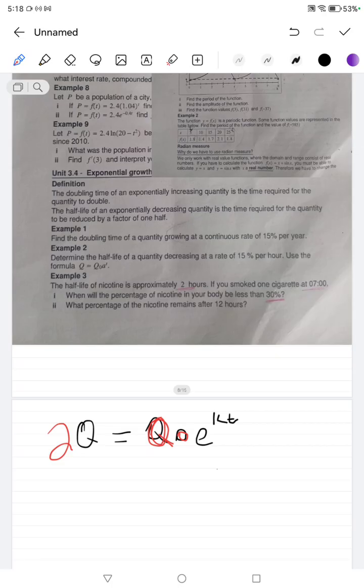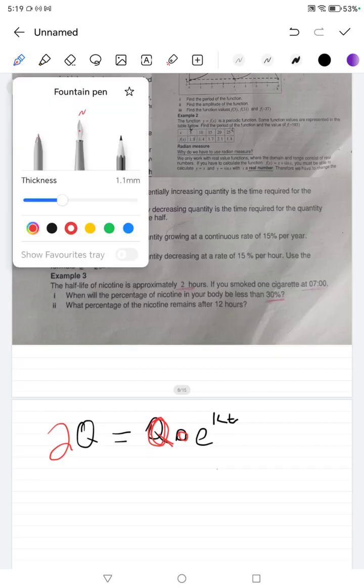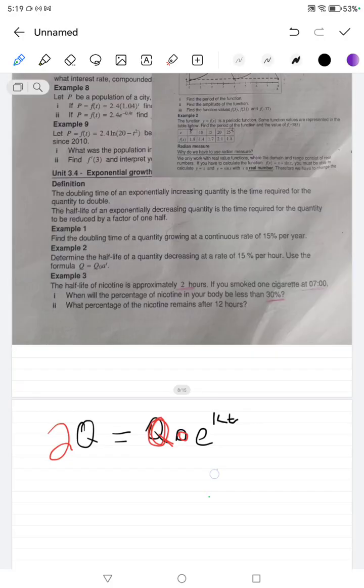For the quantity to double. So now it means in this instance our Q0s are just going to be equal, which means we're going to have our Q be equal to the Q0.